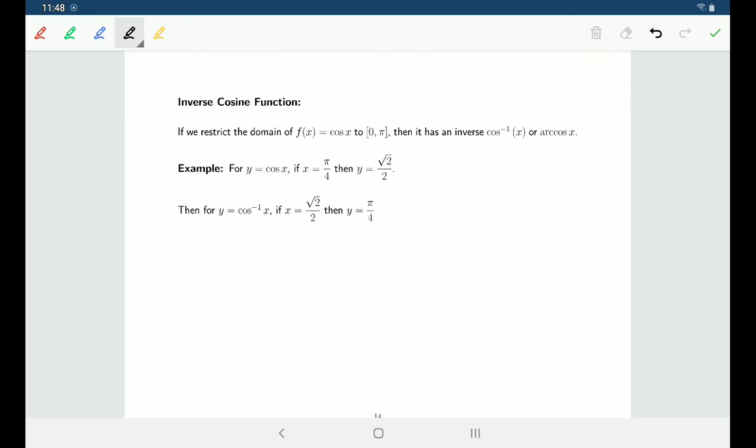Now, just as the relationship between sine and sine inverse, the same relationship holds between cosine and cosine inverse. If you put pi over 4 into cosine, you'll get root 2 over 2 out. And so that means if you put root 2 over 2 into cosine inverse, you'll get pi over 4 coming out.